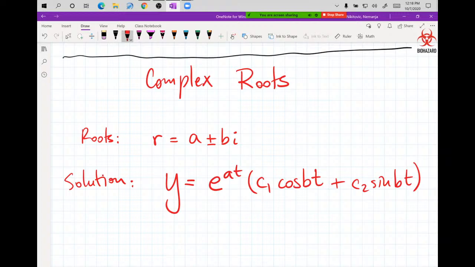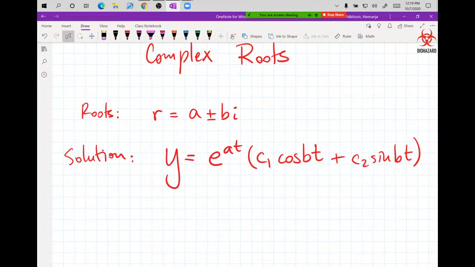And that's where the story ends, right? Because if you have a cubic, once you find one solution, the rest is quadratic. If you have a fourth degree equation, once you find the first two solutions, the last two are quadratic, so they can be complex and so on, right? So this is what we have for our complex roots.